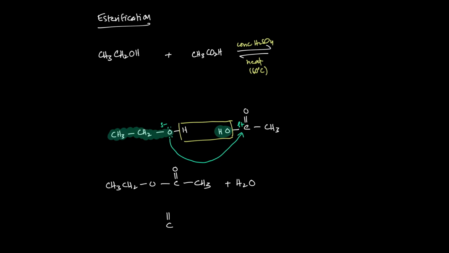So this linkage over here is called the ester linkage. Okay? An ester will always have this linkage present. Now over here what you have is this carbon COO, and then this oxygen is bonded to the carbon here. So this is always going to be found in an ester. Ester linkage.